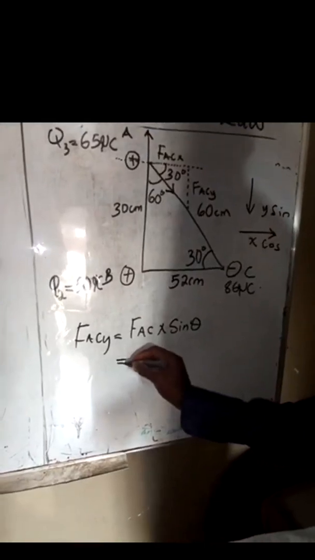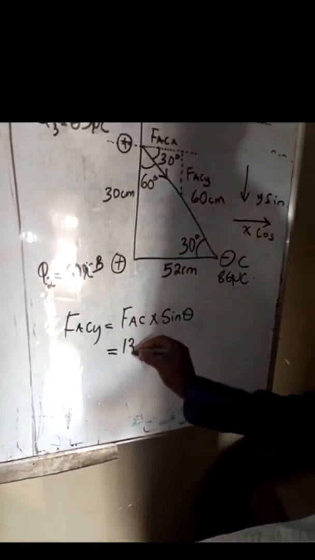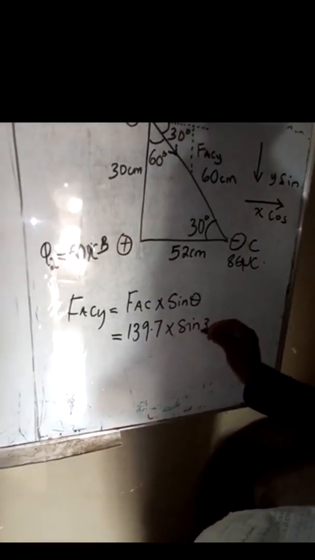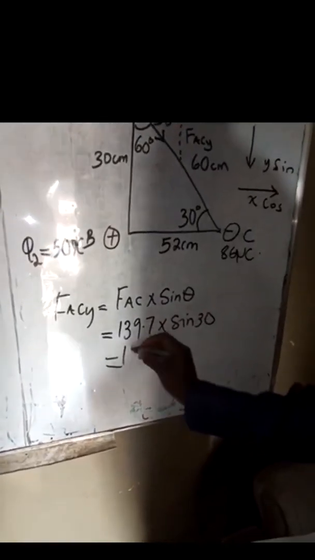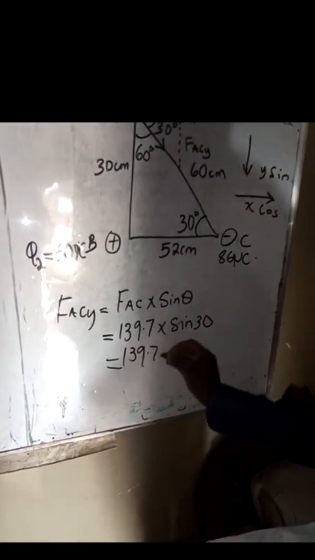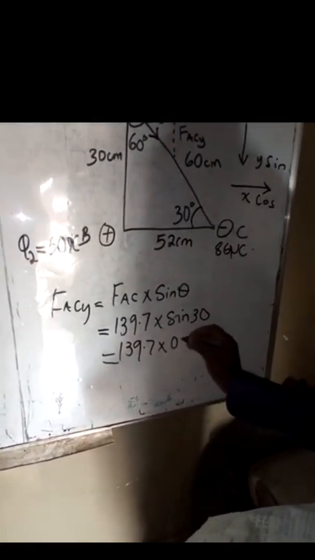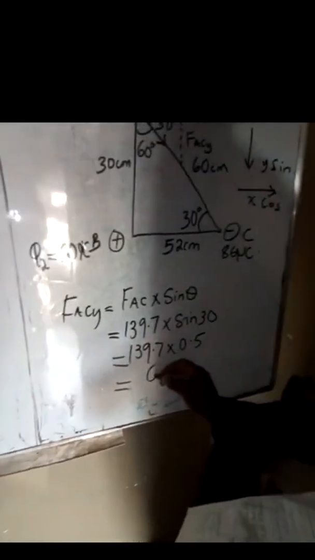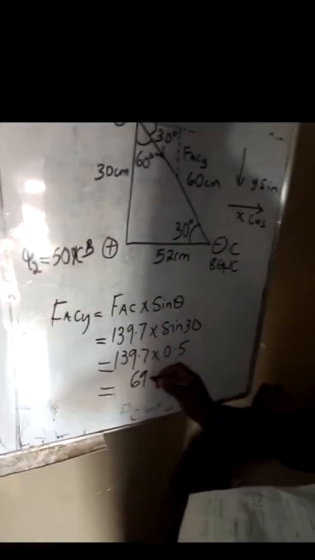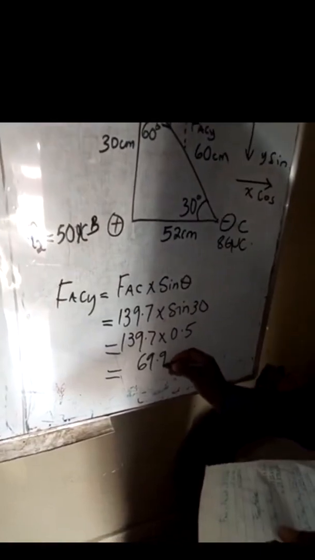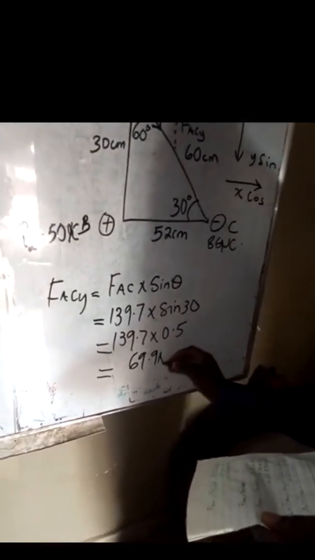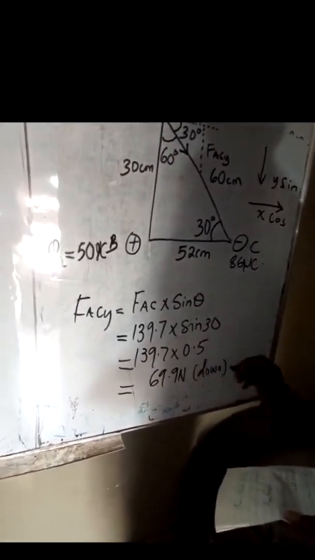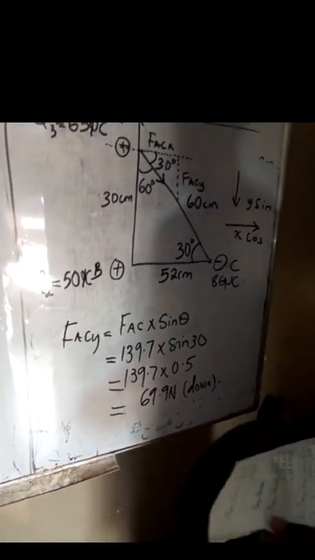So now this one will be the same value, which is 139.7 times sine 30. So 139.7 times our sine 30, which is 0.5. When you multiply this, your answer will be 69.9 Newton. This is downward movement, don't forget, which is the same thing as vertical movement.